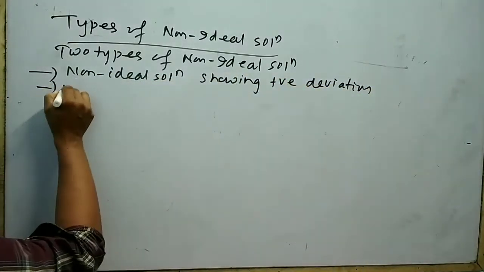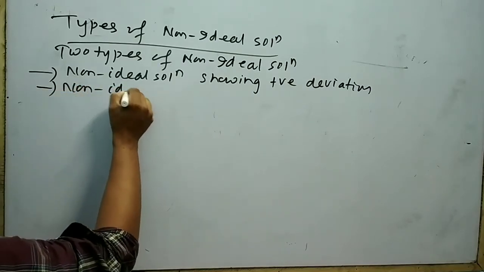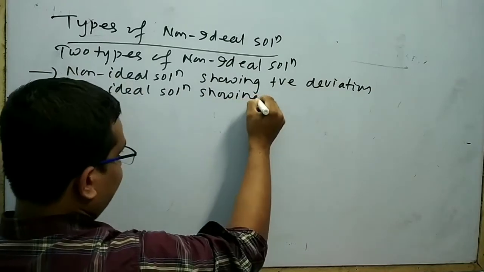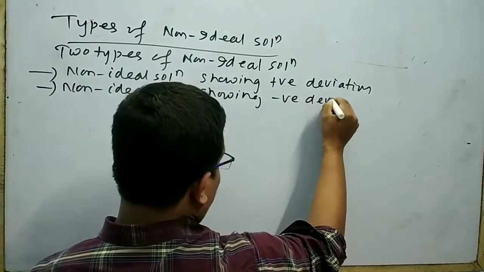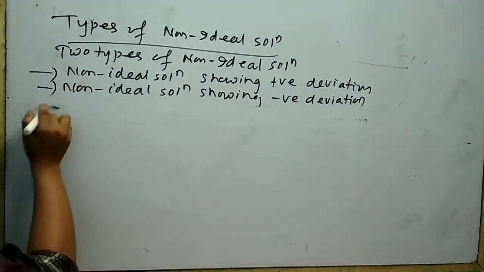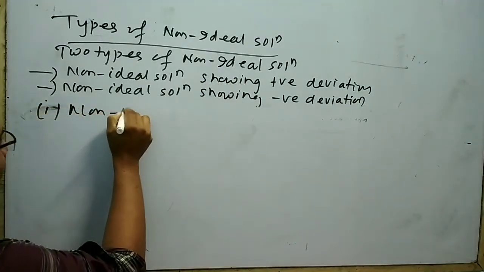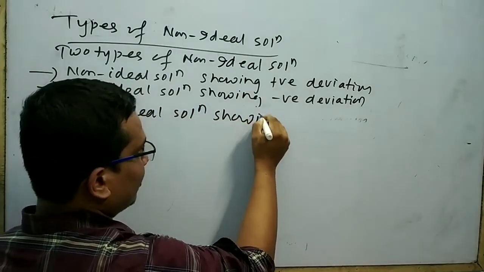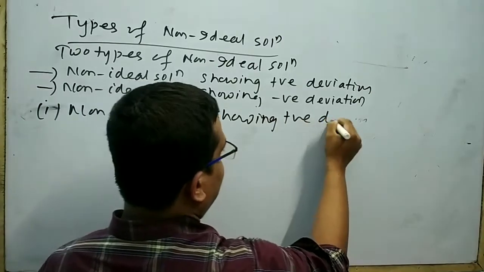Number two is your non-ideal solution showing negative deviation. At first I will discuss about the non-ideal solution showing positive deviation.